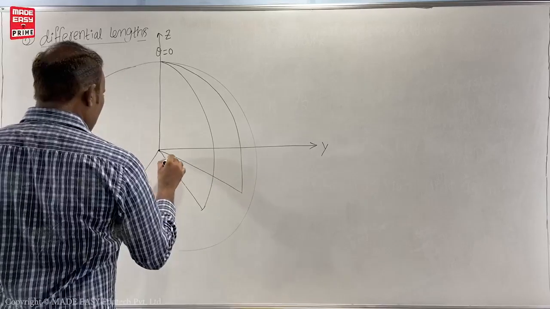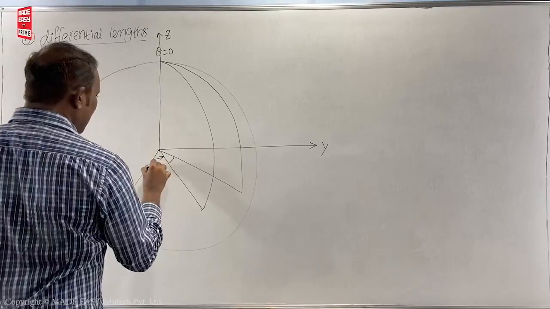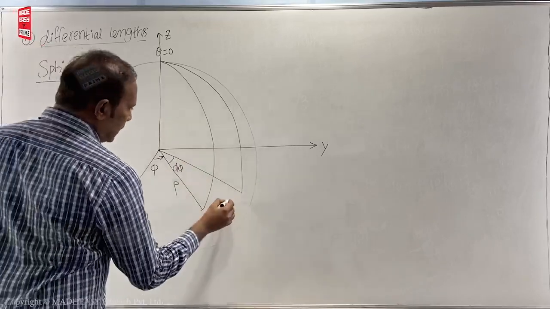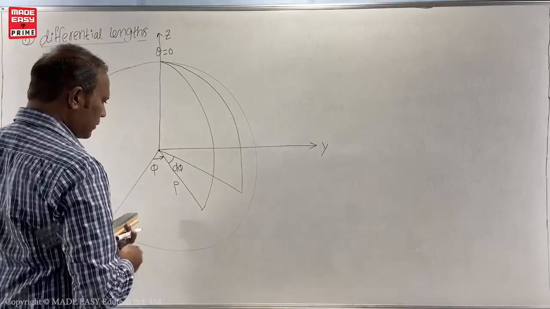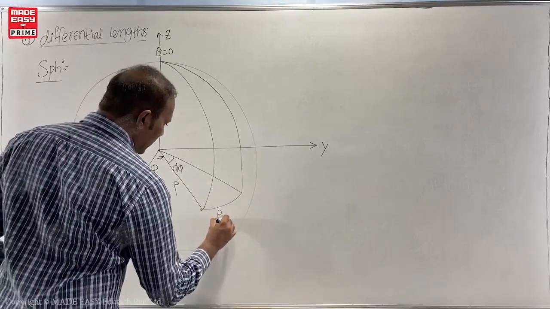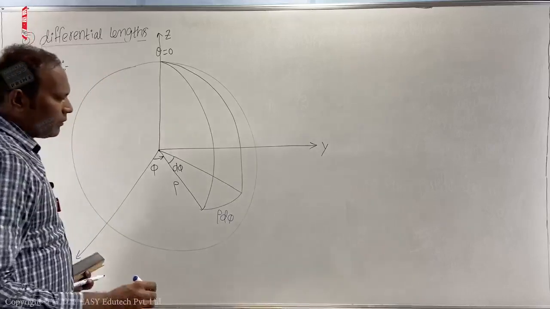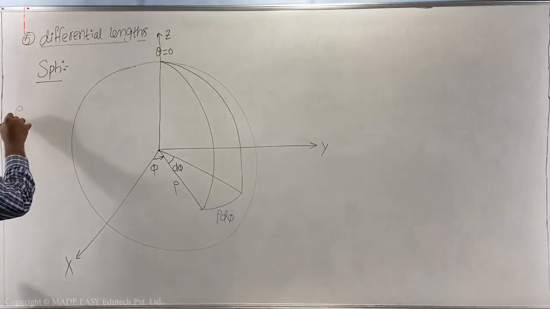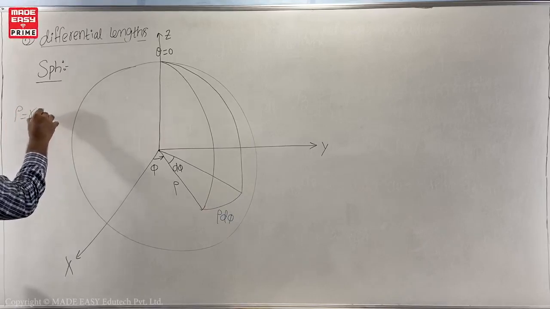This is the phi angle, this is rho, this is d phi. Ultimately this is rho d phi, which you already know. In the conversions you have already seen rho is equal to r sin theta.